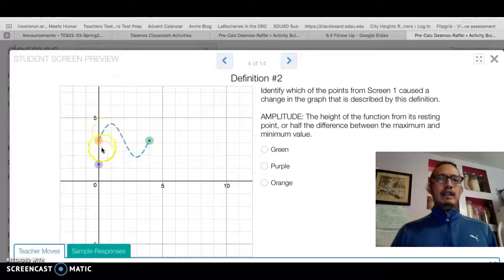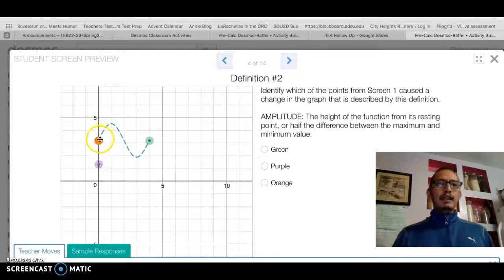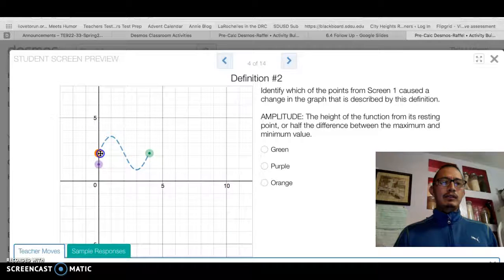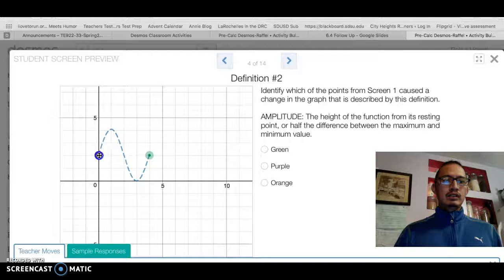So let's figure this thing out. Pretend, I'm gonna move this to 2 and pretend my amplitude, which is affected by this purple circle, is just about here.